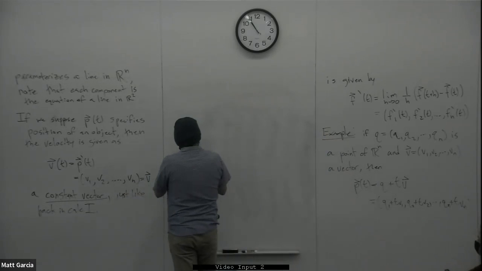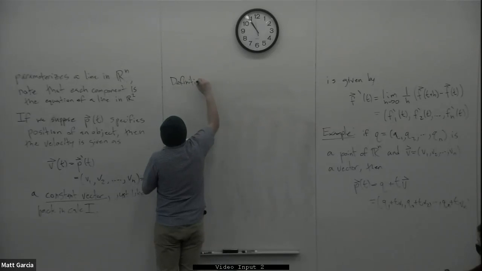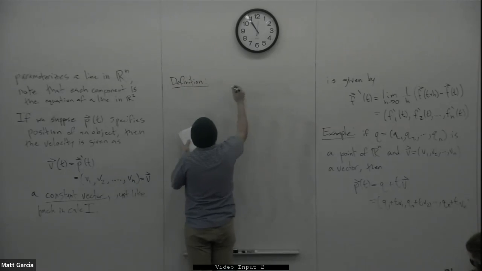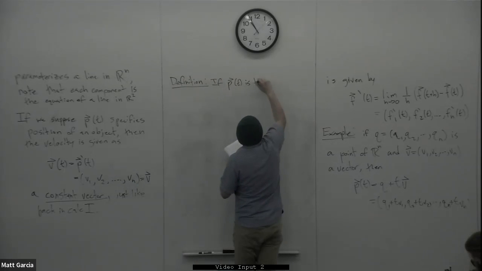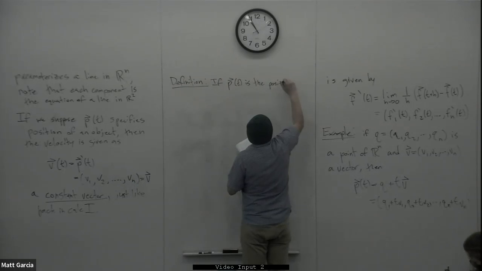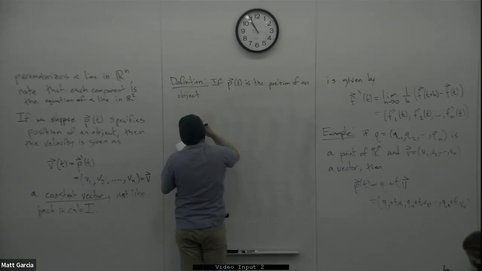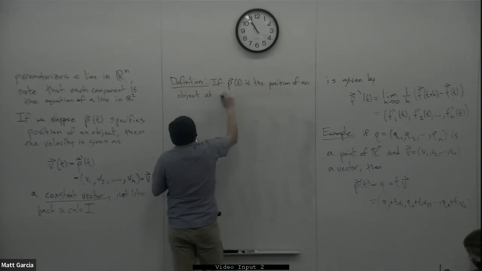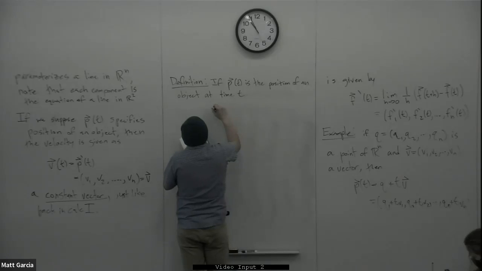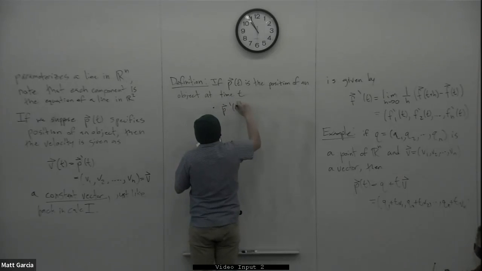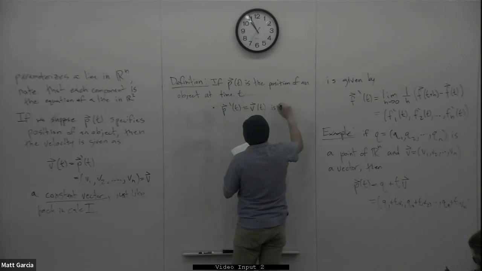Okay, so, right. Definition. In general, if p hat of t is the position of an object at time t, then the following: p hat prime of t equals v hat of t is velocity.